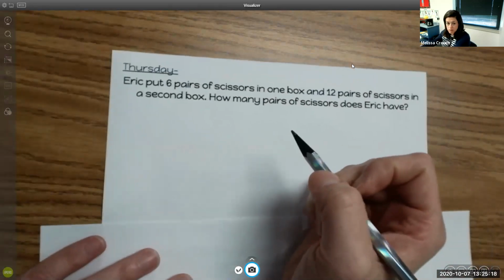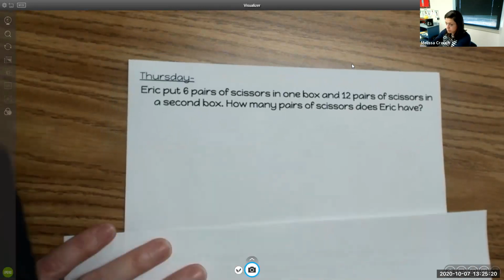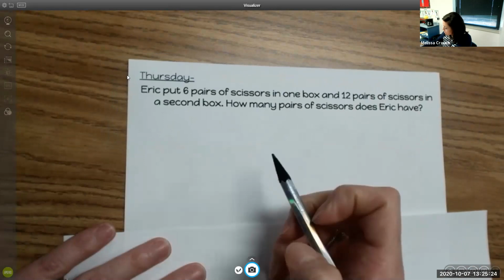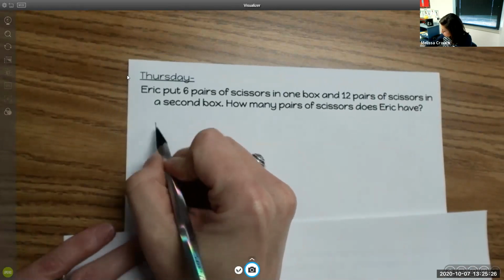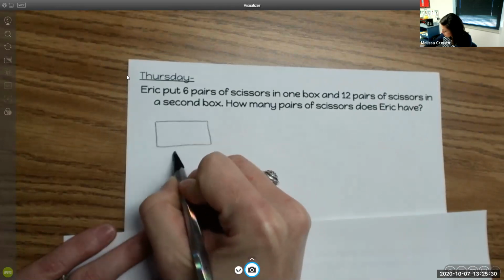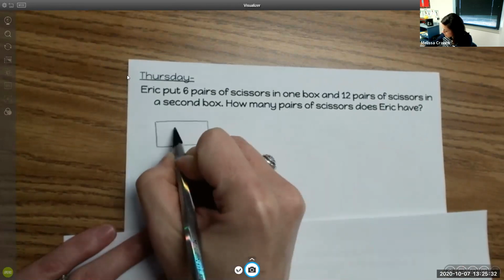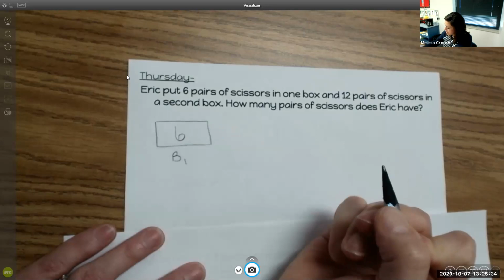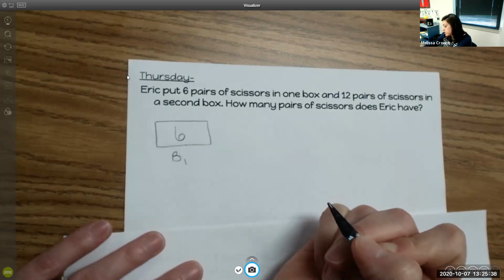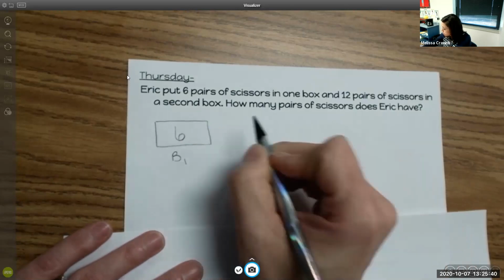Here is one box. Box 1, 6 pairs. And 12 pairs of scissors in a second box.